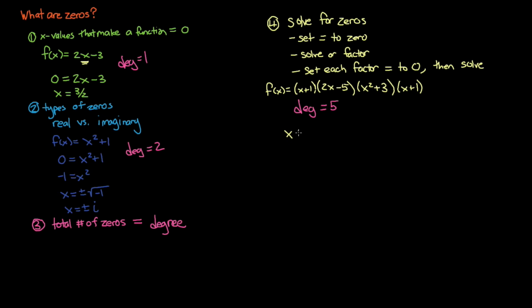So we have x plus 1 equals 0. We have 2x minus 5 equals 0. We have x squared plus 3 equals 0. And we have x plus 1 equals 0. Now here, we move the 1 over. We'll find that x equals negative 1. Over here, we move the 5 and divide by 2. We get x equals 5 halves.